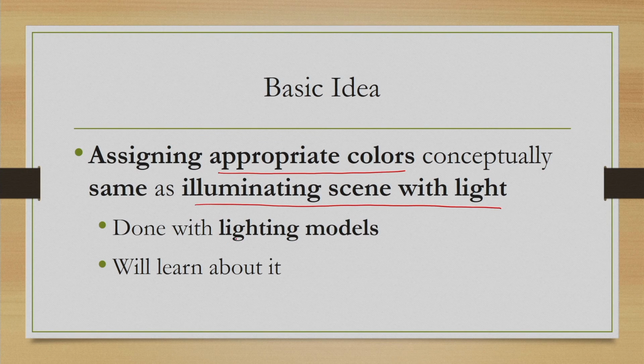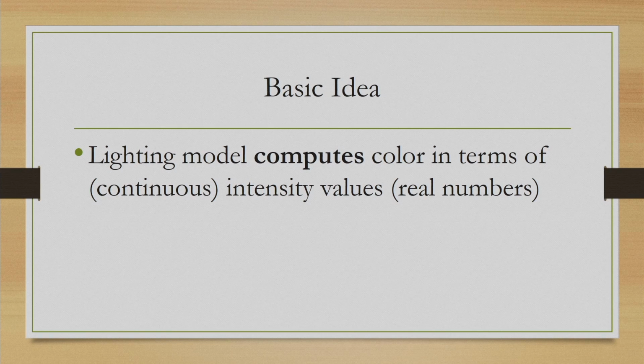So, in order to mimic this process of illuminating a scene with a light, what do we do in computer graphics? We typically take help of a particular type of model called lighting models. Now, in this third stage, we will learn about lighting models in detail. What do these lighting models do?